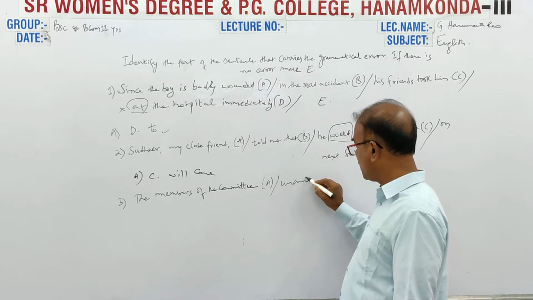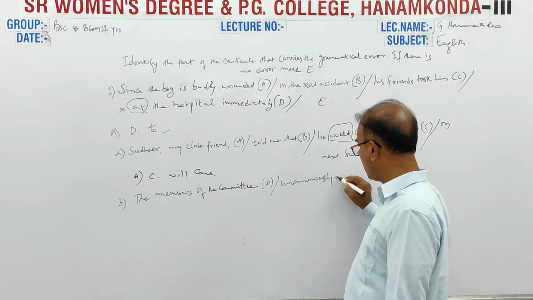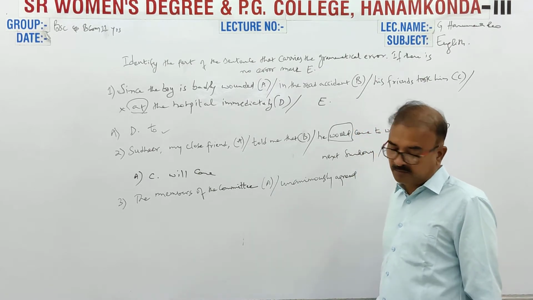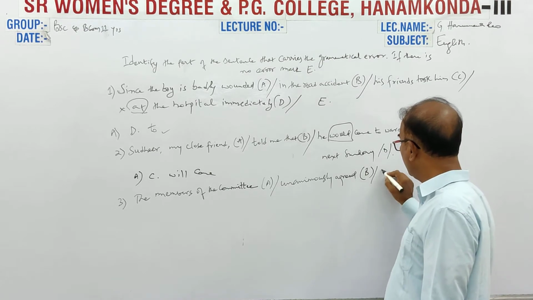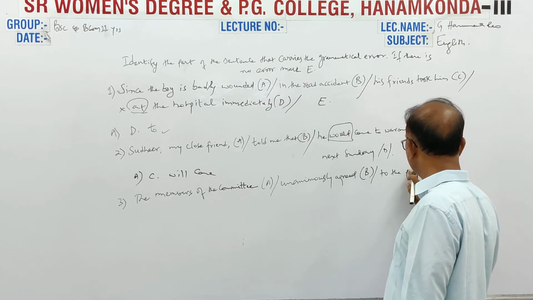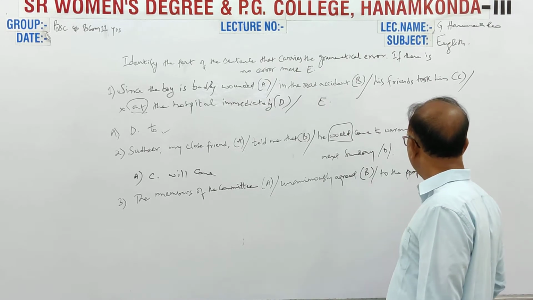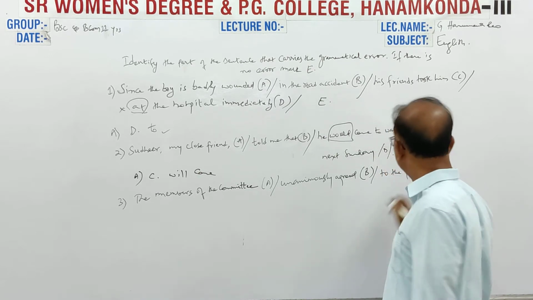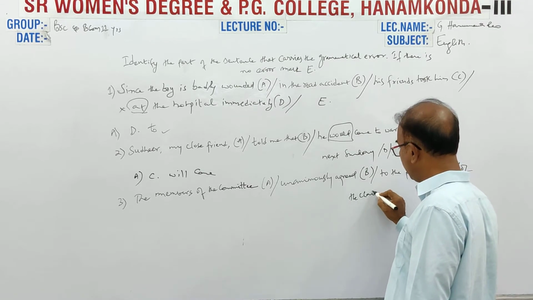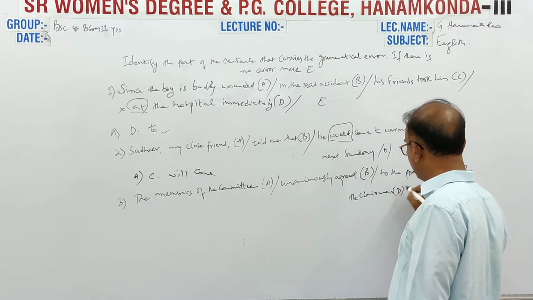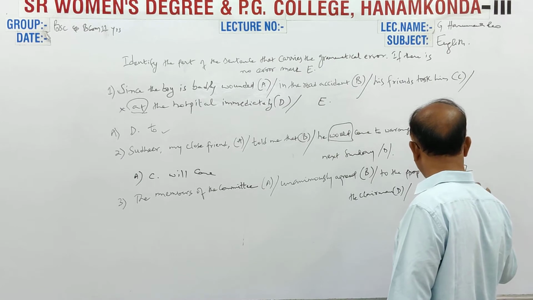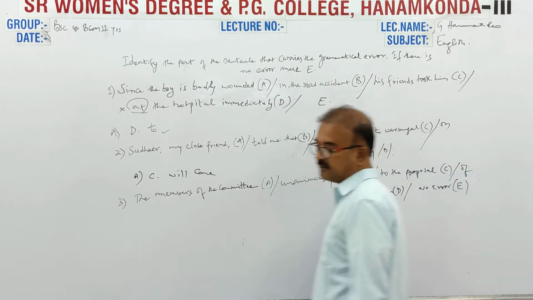Unanimously agreed, this is part B, to the proposal, this is part C, of the chairman. This is part D, and no error is part E. Okay. Now check this one, girls.